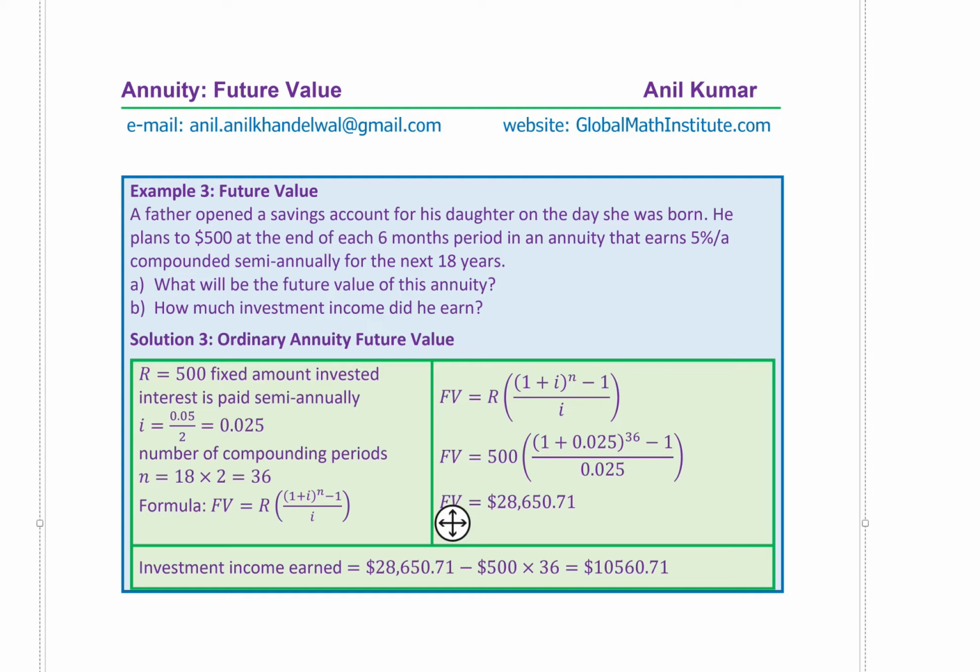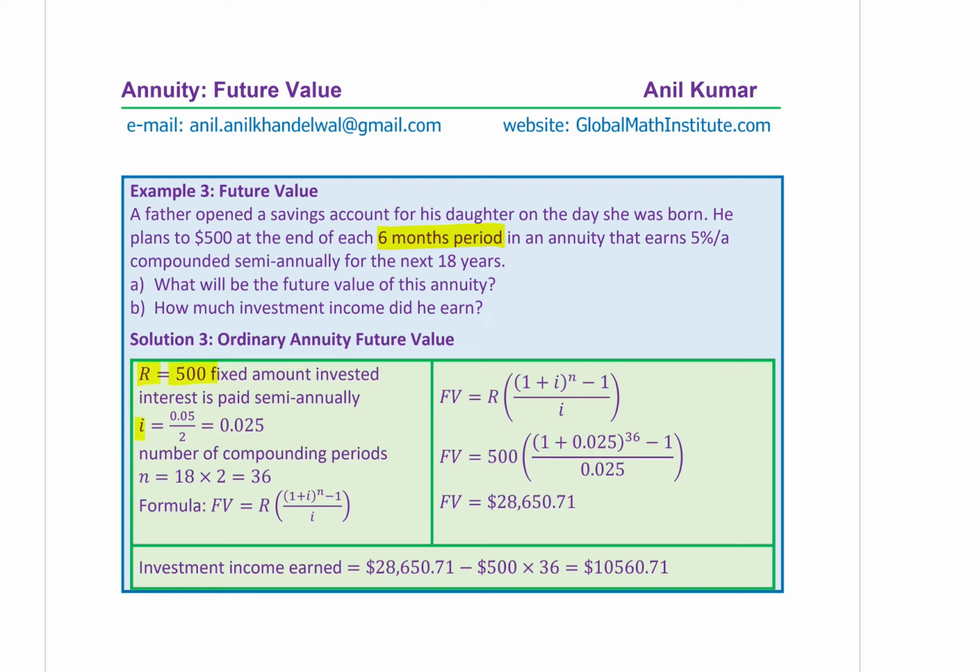So again, this time we have deposited a regularly fixed amount of 500 at the end of the period, and therefore it's again an ordinary annuity. So we can say that the recurring deposit is $500. The interest rate we have to calculate per period. Since this is semi-annually, it's twice in a year.